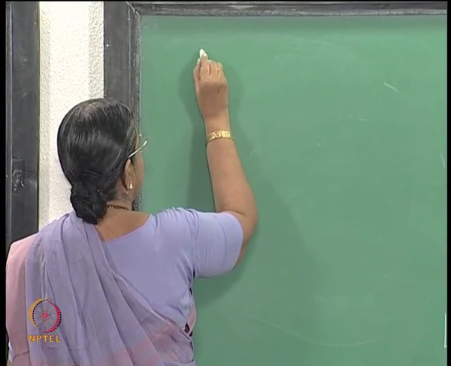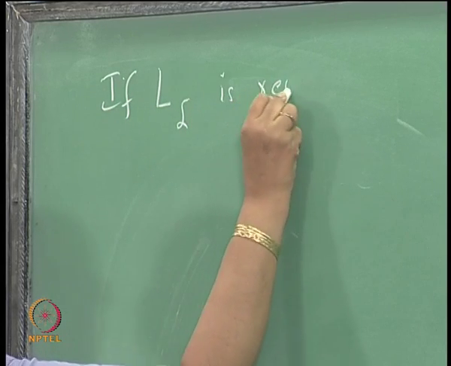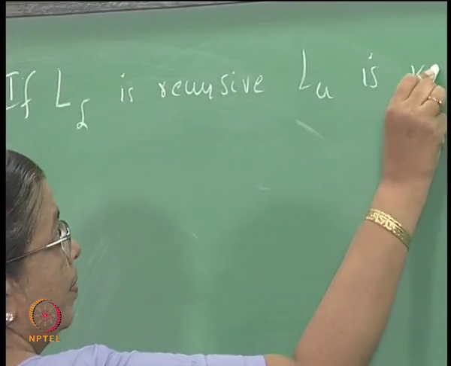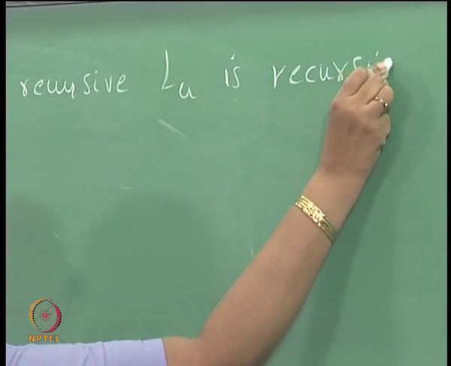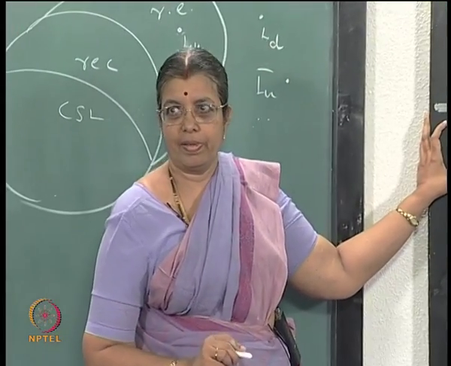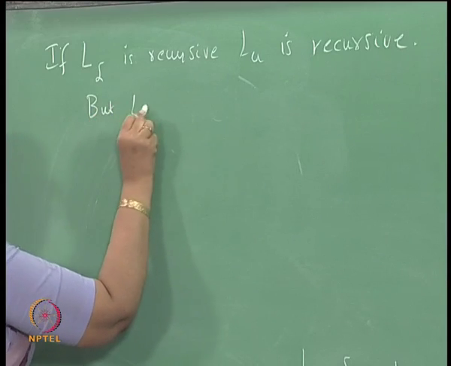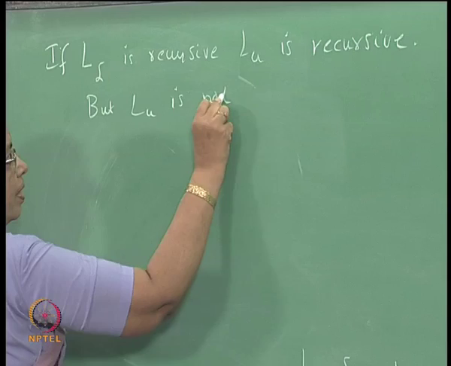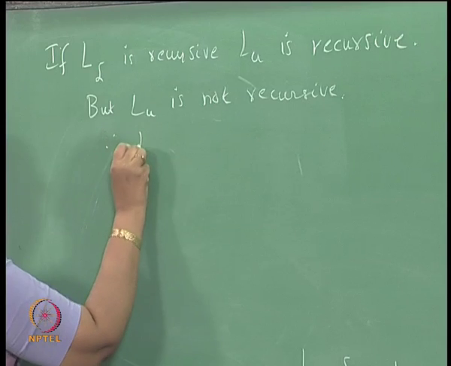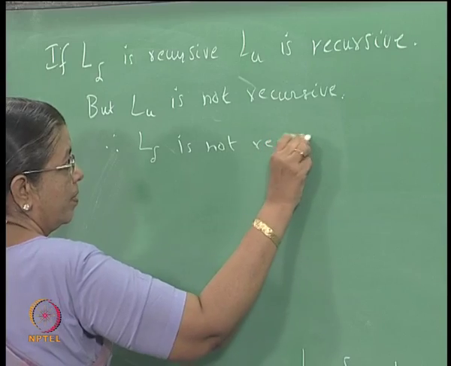You prove it like this: if L of S is recursive, then L of U will be recursive, but you know that L of U is not recursive, therefore L of S is not recursive. This will be the argument.